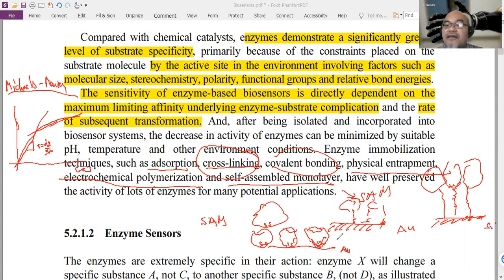To reduce that steric hindrance, what we can use is a cross-linker, so that the enzyme floats a certain distance above the surface of the physical transducer. That's what we call cross-linking.